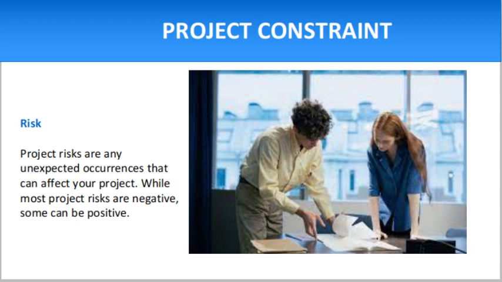So risk is also a very important constraint which must be considered for the success of a project. For example, you can take a risk of $1,000, but you cannot take more than a risk of $1,000. There is a limitation. So think of risk in terms of limitation.